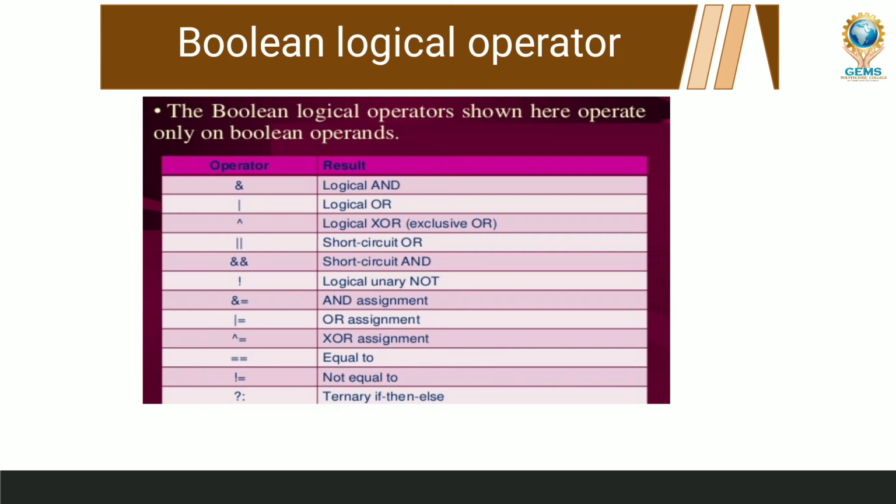So let's talk about Boolean logical operators. There are logical AND, logical OR, logical XOR, short circuit OR, short circuit AND, logical NOT, AND assignment, OR assignment, XOR assignment, equal to, not equal to, and ternary if-then-else.